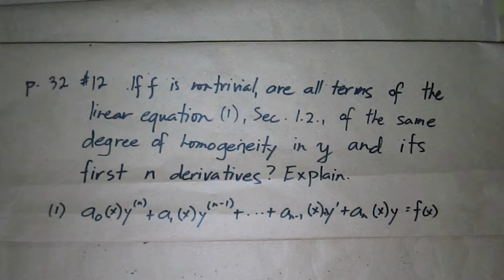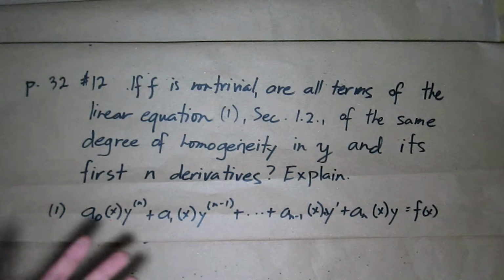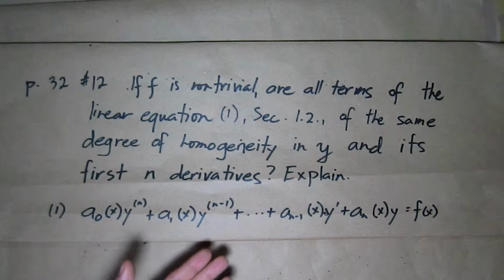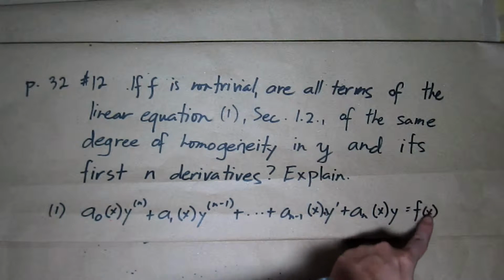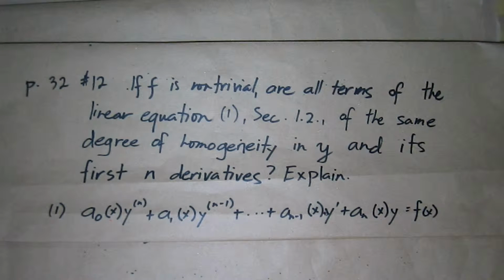So we have here the general form of the linear equation, and we are going to find out if both have the same degree of homogeneity, if f of x here is non-trivial. So let's find out.